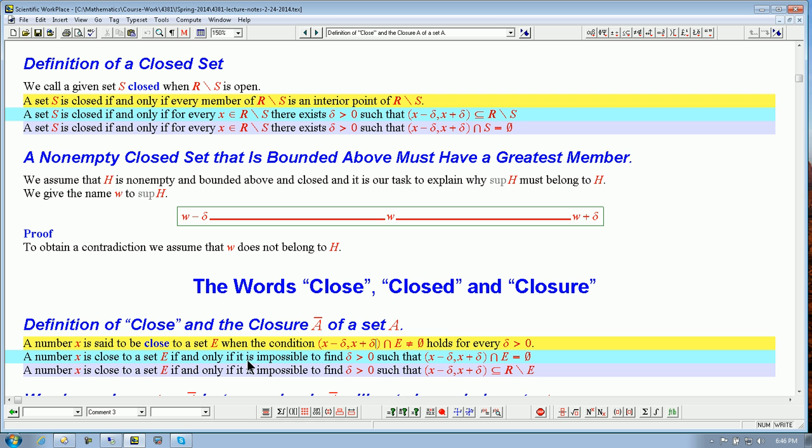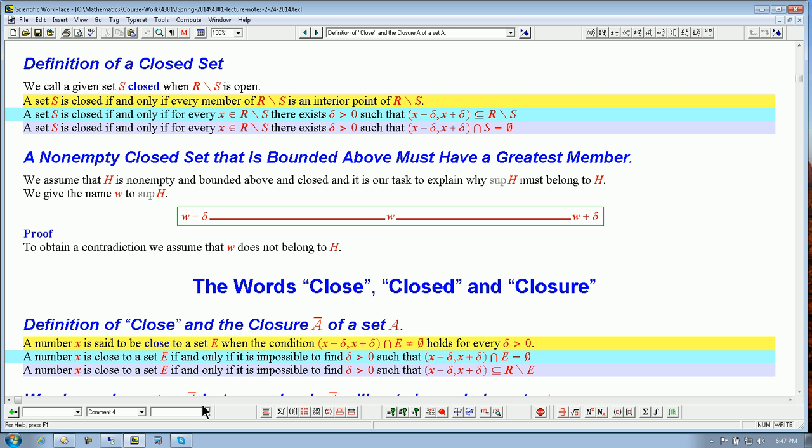It's impossible to find an interval with positive radius around X that fails to intersect with E. Well, let's rewrite it. There is not any delta greater than 0 for which that interval is included in the complement of E. You understand?